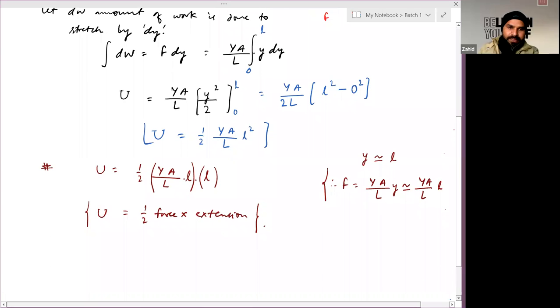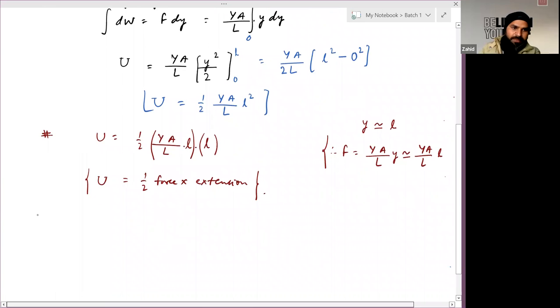Next, we can transform this formula in terms of stress and strain as well. Potential energy equals half force times extension. Now, if we divide this term by volume and multiply by volume, there will be no effect by multiplying and dividing by the same quantity.